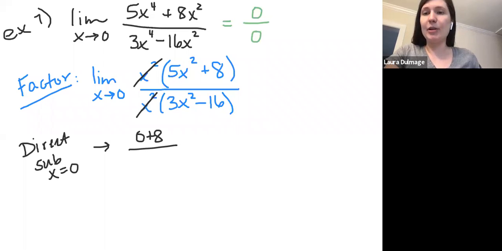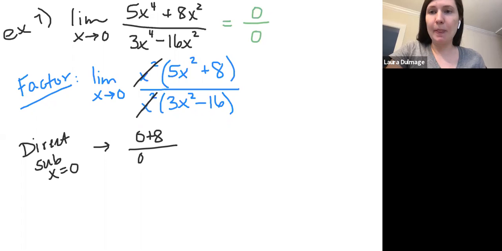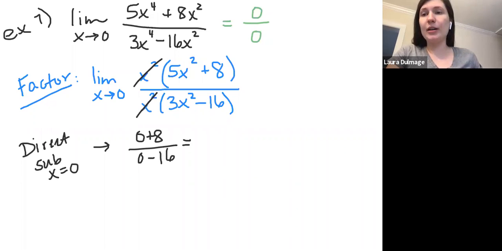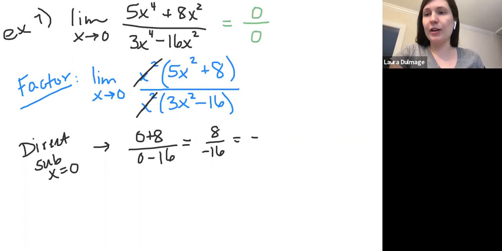And then in the denominator, we'll have 0 minus 16. Cool. And so that will give us 8 over negative 16, which we want to write with the negative either in the numerator or out in front, so negative half.